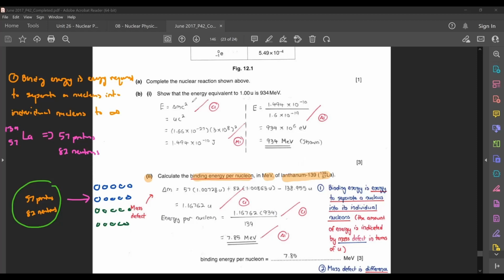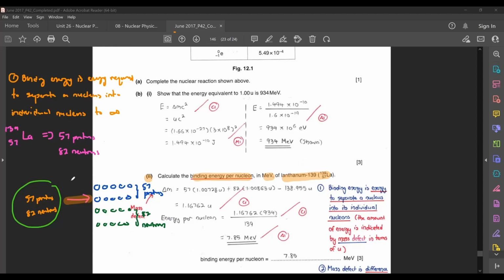So this one here, you needed to separate it into a total of 57 protons. And then after that, you have to separate it into 82 neutrons too. So when you go from here to here, you need energy to break it apart.